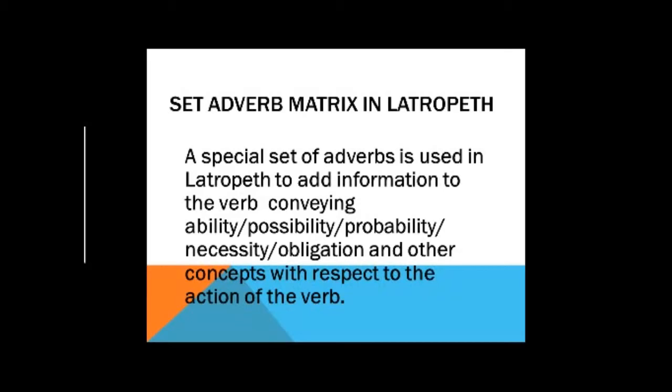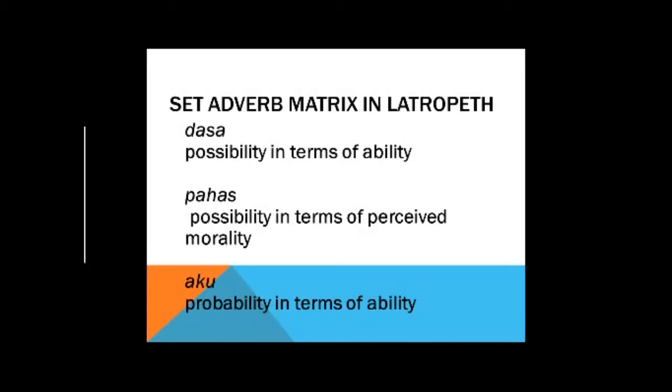Set adverb matrix in Latropeth. A special set of adverbs is used in Latropeth to add information to the verb, conveying ability, possibility, probability, necessity, obligation, and other concepts with respect to the action of the verb. So some examples of these concepts here and the relevant set adverbs from the set adverb matrix in Latropeth.